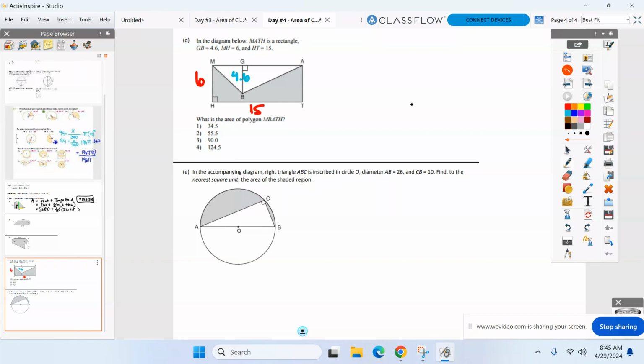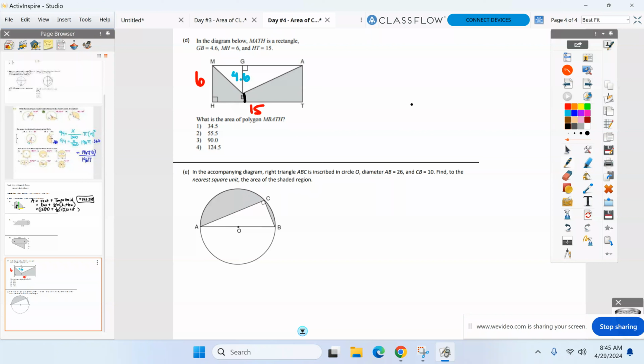All right, shaded region. Why does the technique we just used for composite figures not work? Well, I don't know if I'll be able to break that. That's not a figure I'm familiar with right there at all. I don't know if I can find that length I just drew in. So I'm going to hold off right there.